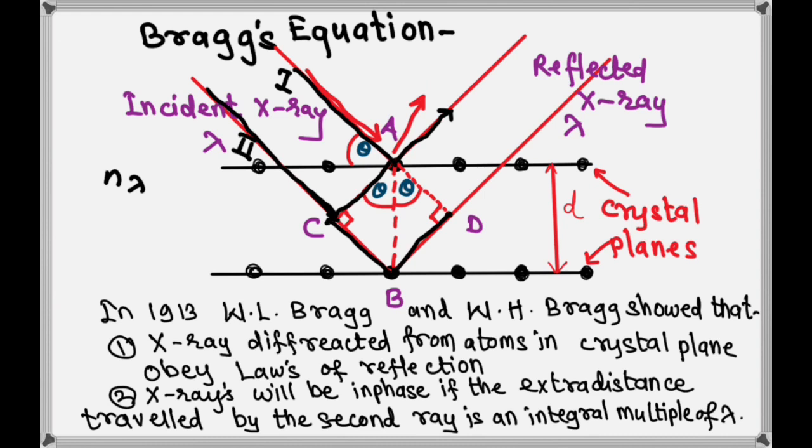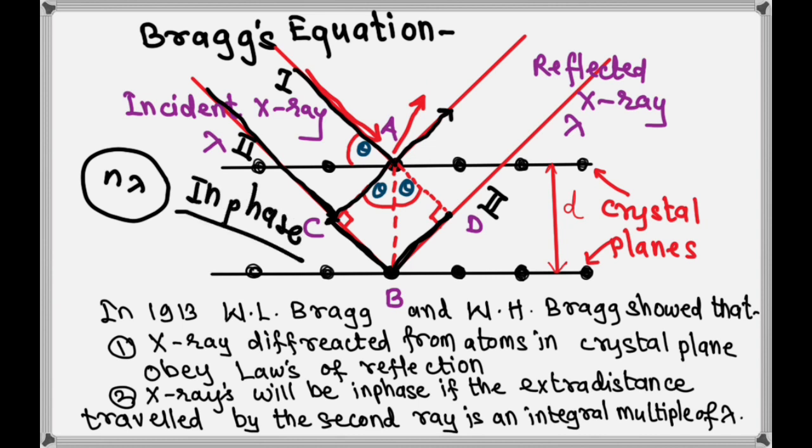So this extra distance, that is CB plus BD, traveled by the second wave should be equal to n lambda when they are in phase. That means if they make constructive interference. That is the observations made by W.L. Bragg and W.H. Bragg.